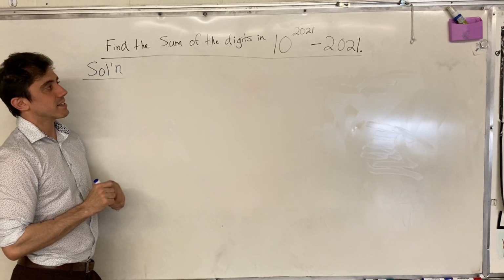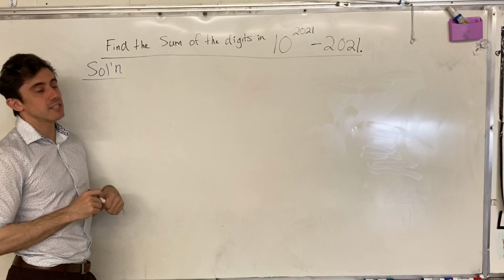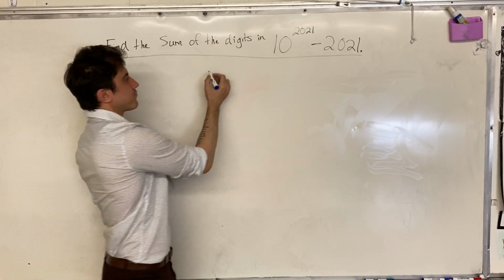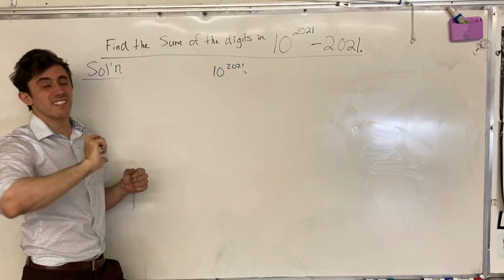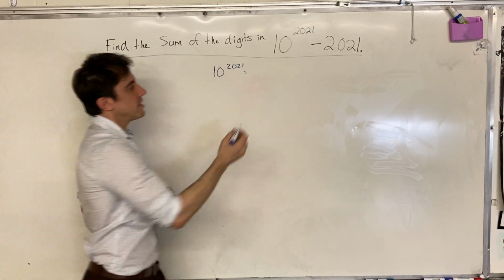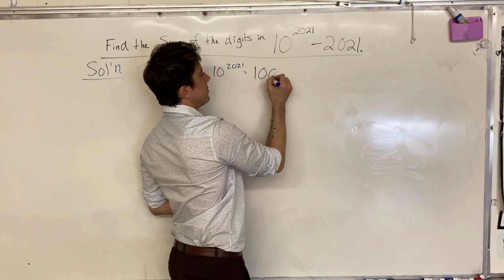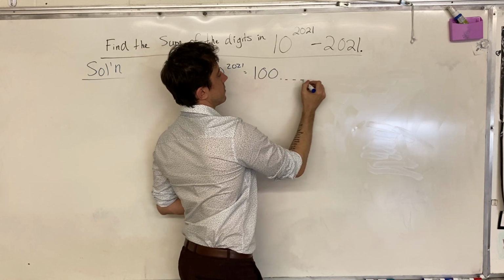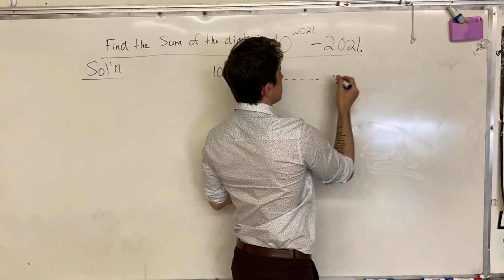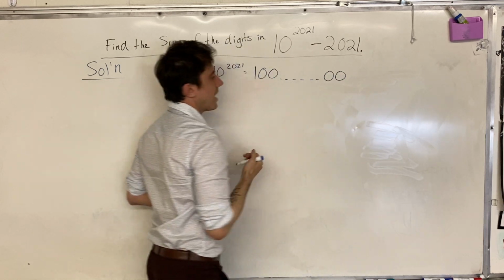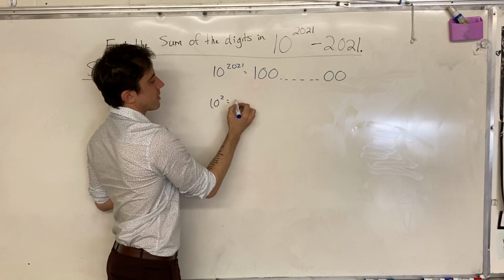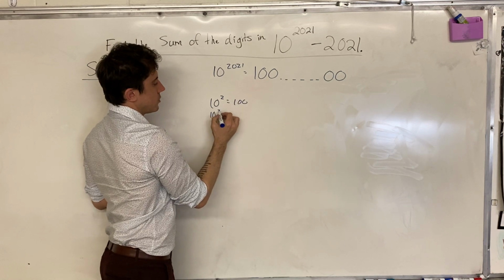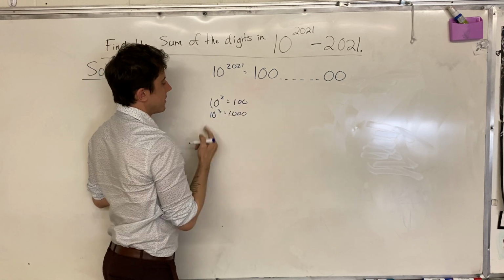So for something like this, let's think about what the expansion of 10 to the 2021 is. 10 to the 2021 means 10 times itself 2021 times. Now that's going to be 1 with 2021 zeros after it, right? If we want to check that, 10 squared is 100, 10 cubed is 1000, and so on and so forth.